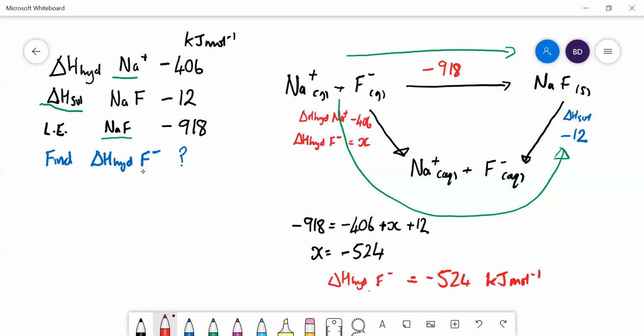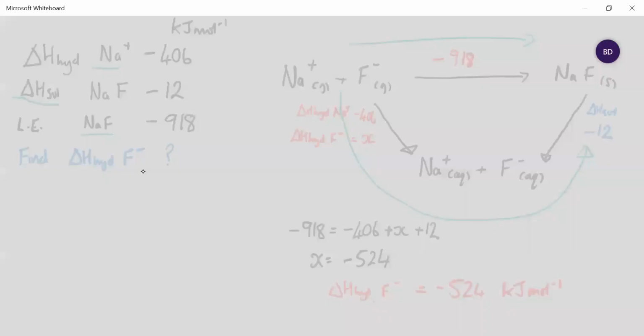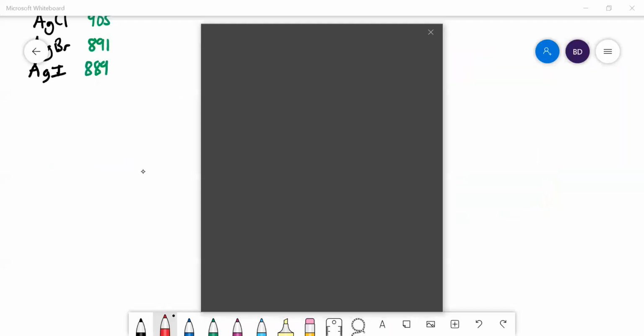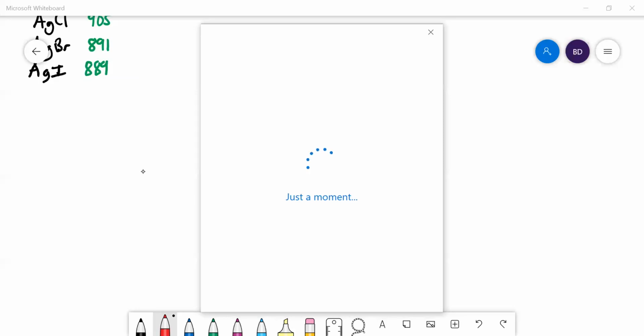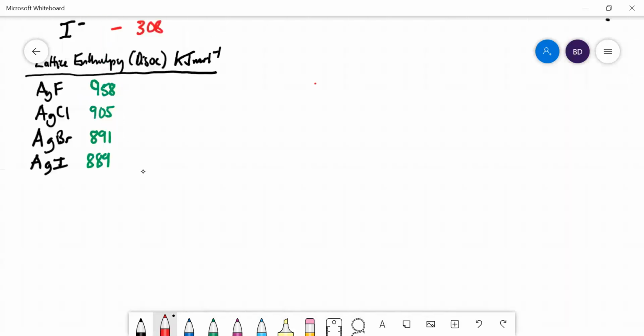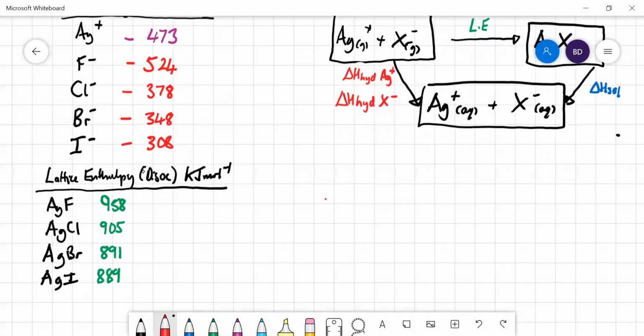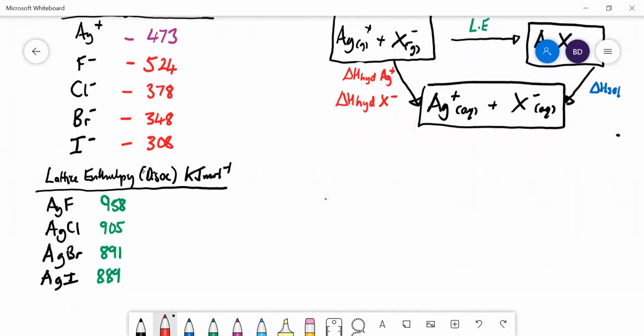Right. I just want to talk now a little bit about what we were talking about at the end of the last video, which was the insolubility of silver chloride. So we're going to have a look at all of the halides here. Remember what we can say about the solubility of these.